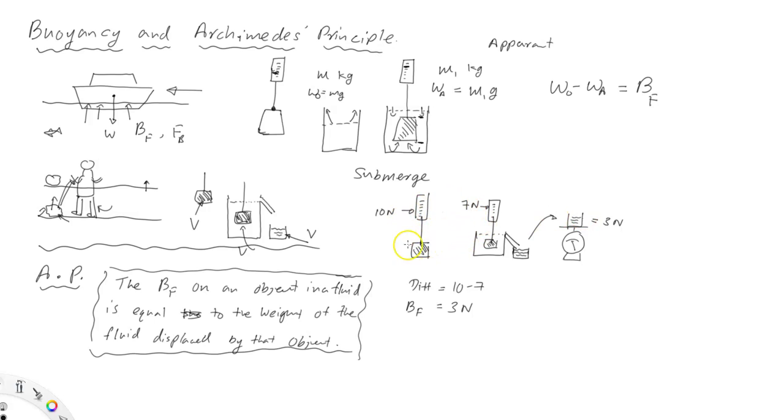There is a weight difference in the object. That difference is the same as the weight of the displaced water, right? So if you go back to the principle, the buoyant force on an object in a fluid is equal to the weight of the fluid displaced by that object.